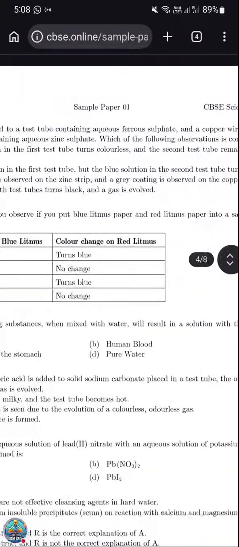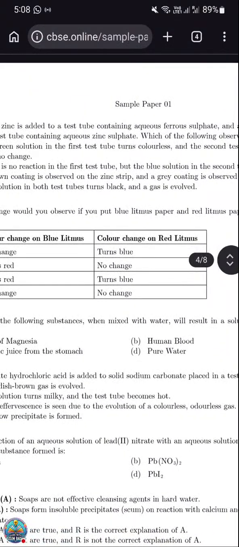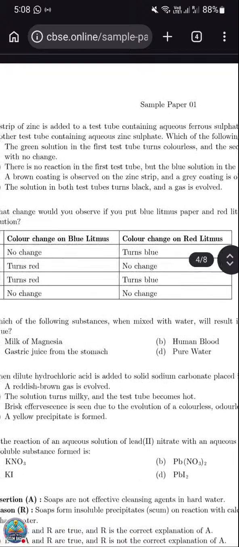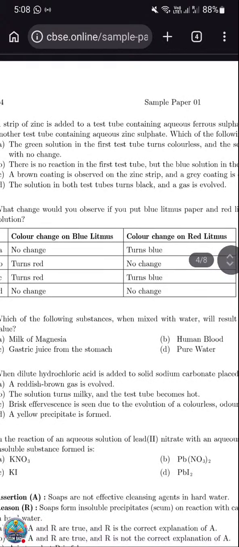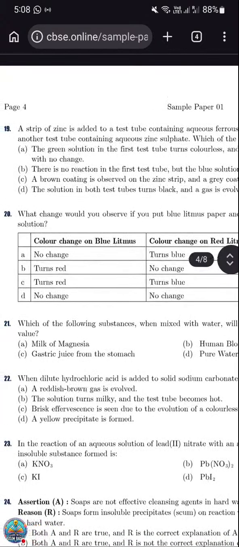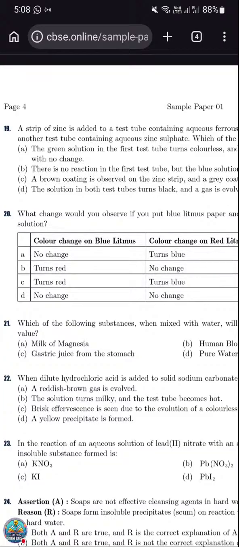Which of the following observations is correct? For this you need to recall the activity series. As per the activity series, a highly reactive element displaces the less reactive element from its salt solution. So recall the activity series and write it down to have the correct sequence.